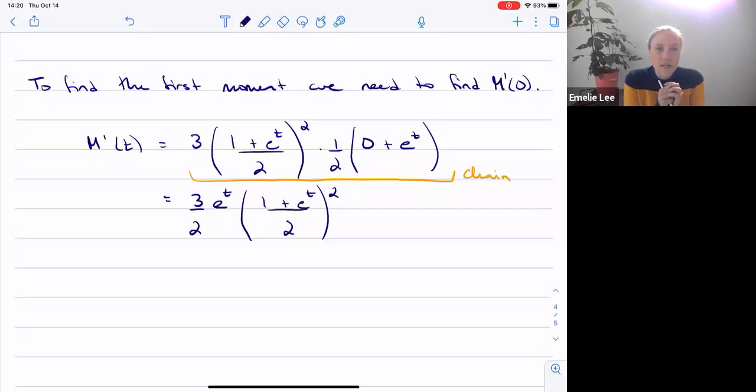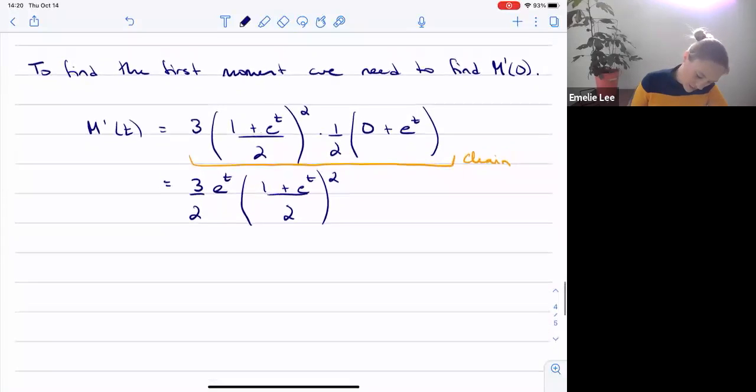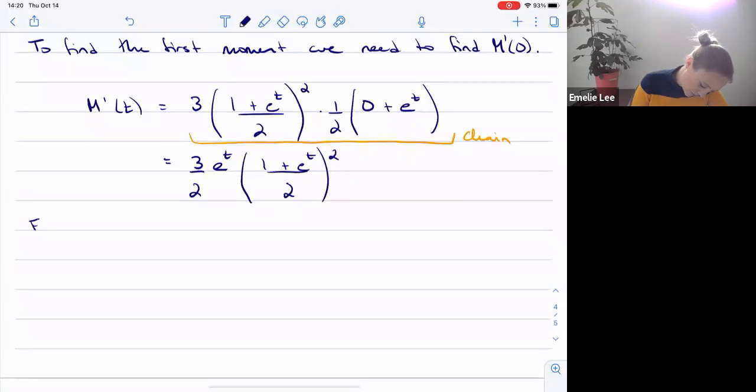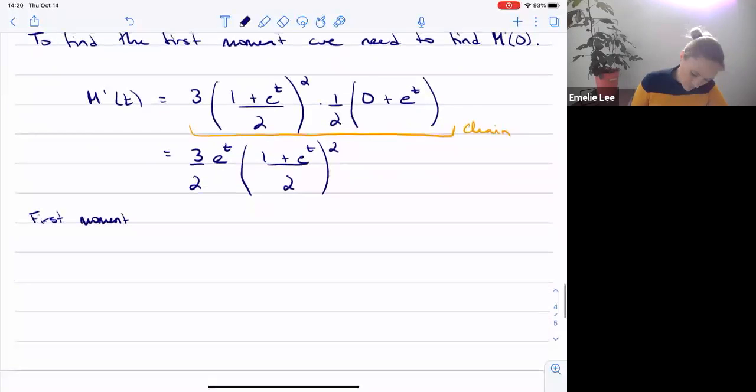That's going to be the first moment, okay, if we evaluate it at 0. So now we find that the first moment is m prime at 0, which is going to be 3 over 2 times e to the 0, which is 1, right?